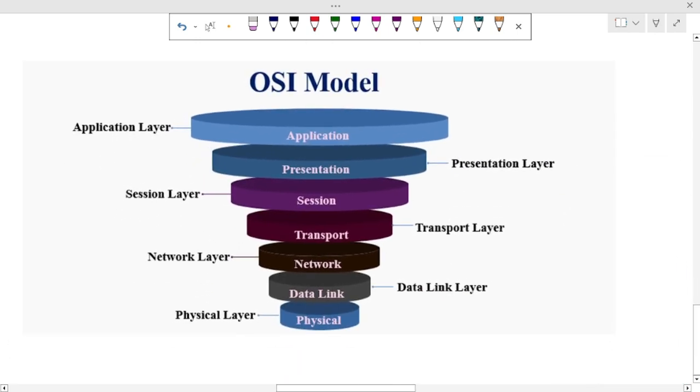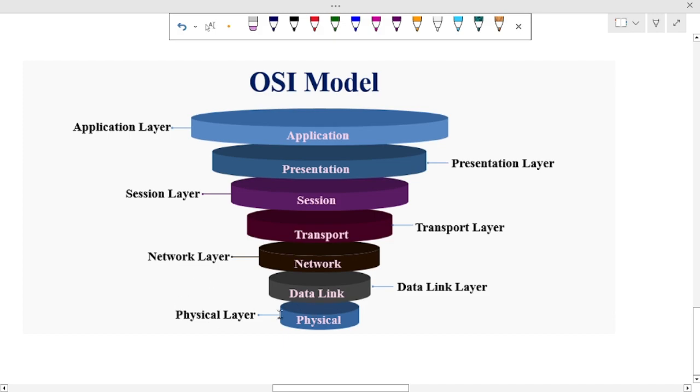We've defined protocol and given examples of protocol, one of them being Ethernet, and another being the OSI model, open system interconnect. This is the model showing how OSI looks. It has 7 layers: 1, 2, 3, 4, 5, 6, 7.